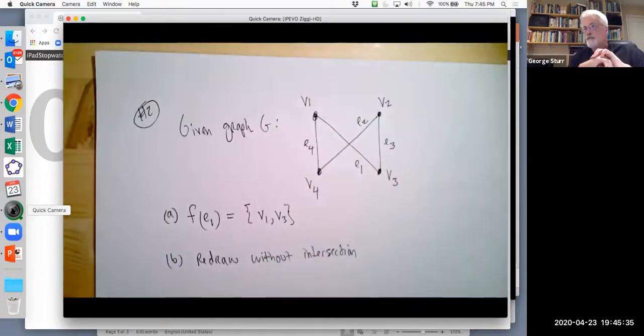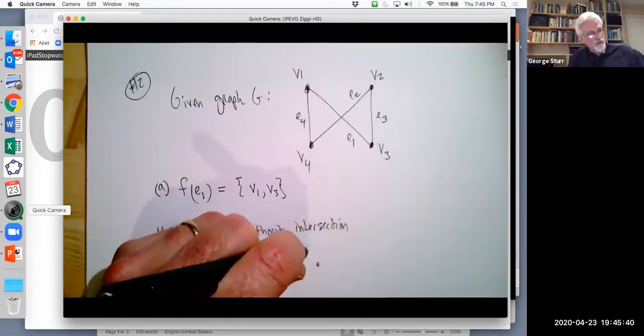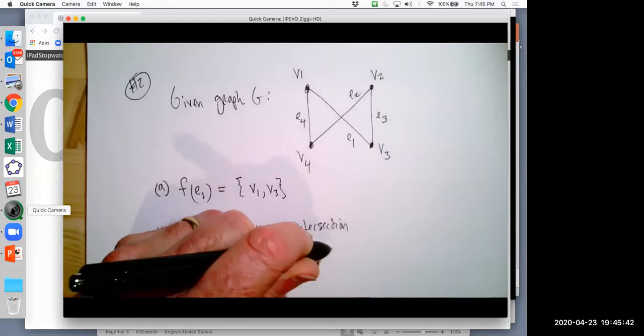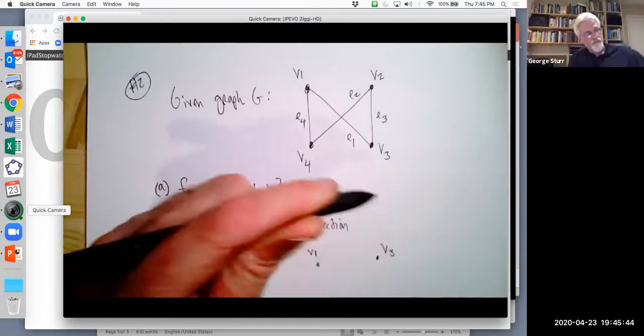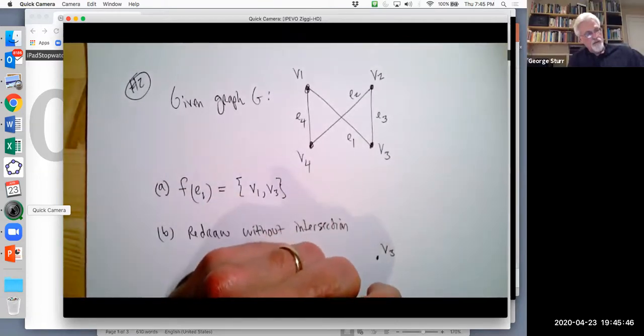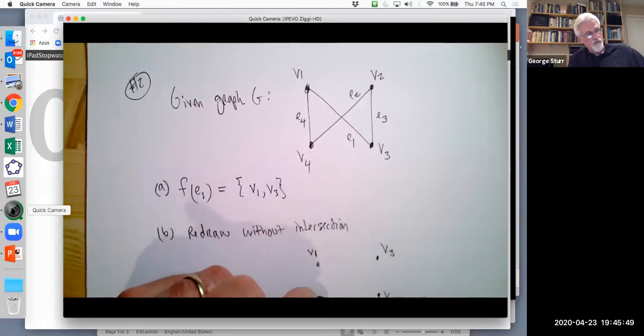You guys see that? So you could do it like this. You could say, here's V1, and then over here now will be V3, and then V2, and here's V4.